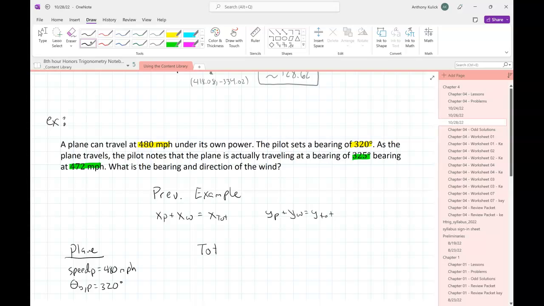Isn't that the total? Right? That's what actually happens after the wind hits it.